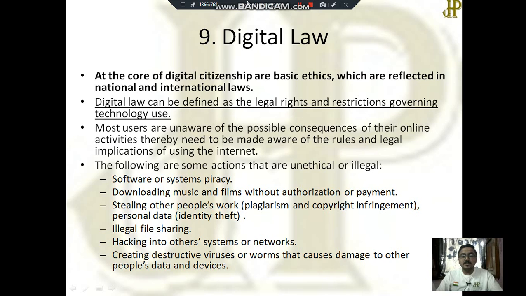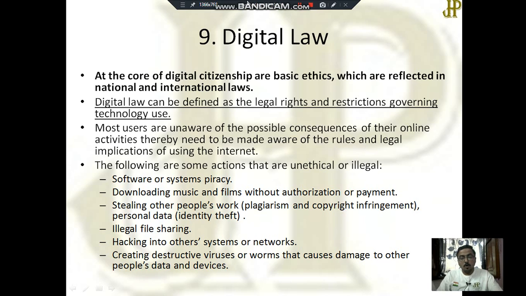The following are some actions that are unethical or illegal, like software or system piracy, downloading music and films without authorization or payment, stealing others' work, which is in the category of plagiarism and copyright infringement, identity theft, illegal file sharing, hacking, creating destructive viruses or worms that cause damage to other people's data and devices.